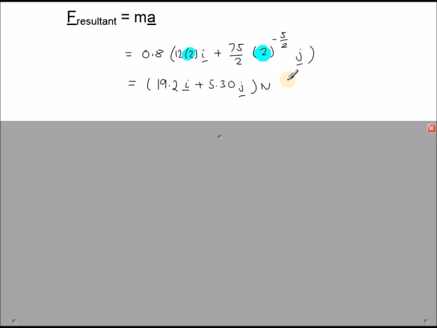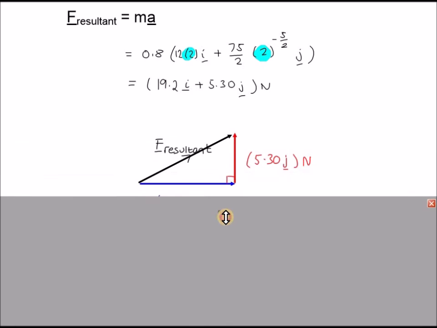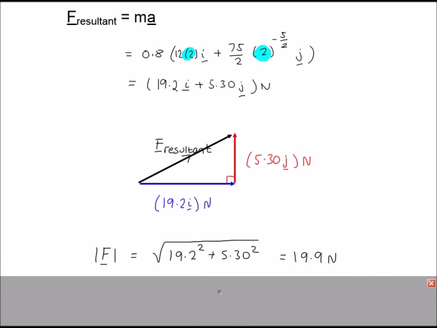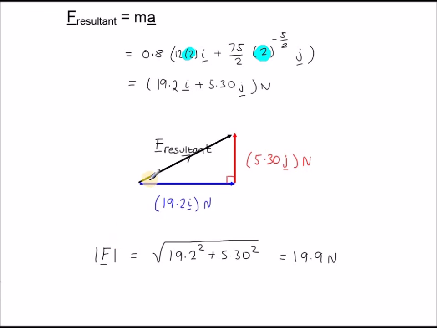So once we have the resultant force worked out in vector form, we can work out the magnitude of the force. So we currently have 19.2 i newtons as the x component and 5.30 j newtons as the y component. And here is the resultant force, the missing side of the triangle, and basic Pythagoras' theorem gives us 19.9 newtons for the magnitude of this resultant force.